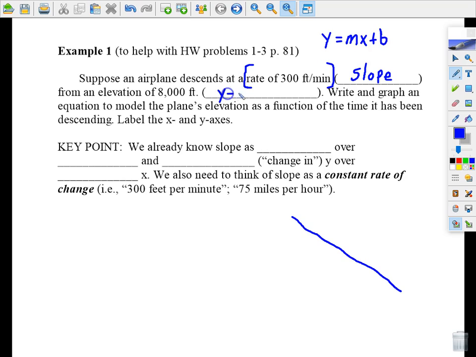And so that's just another way of saying the starting point, that's the y-intercept. And you can see that if we know the slope and we know the y-intercept, that makes it pretty easy to write the equation for this.